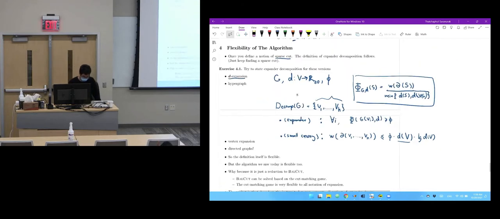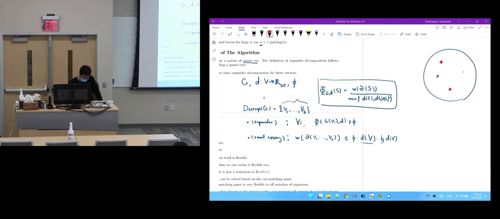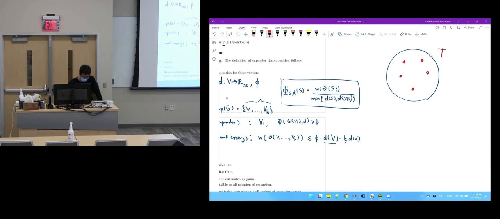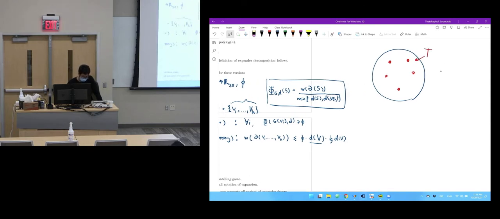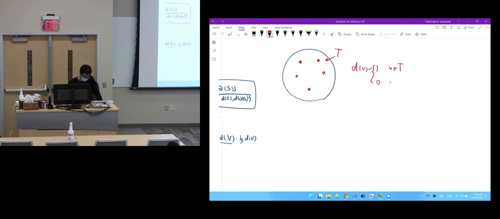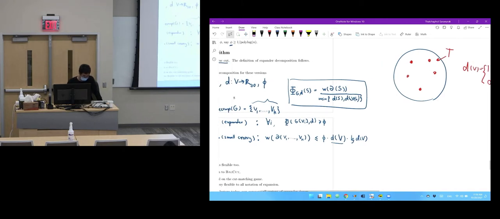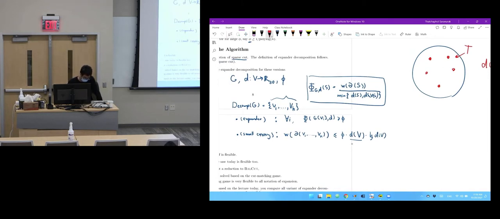So for example, just to be more concrete, suppose that you have some terminal set, call this set T, and then you set the demand to be just 1 if V is in T, and 0 if V is not in T. Then what you would get is that this is going to be 5 times T times log T, right?